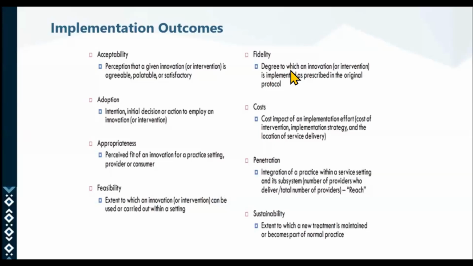Sometimes we write on how it's going to be implemented, and in the field, it happens that it cannot go exactly how you've written out. So you want to suit it to match your context or your setting. But fidelity is the extent to which it's implemented as it was intended.